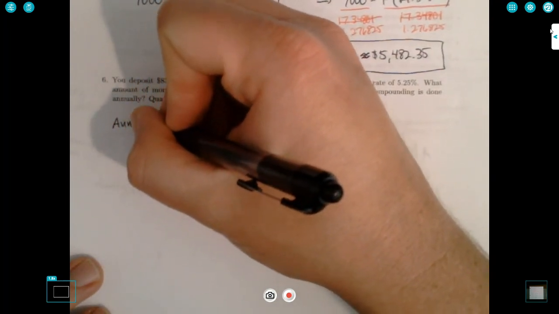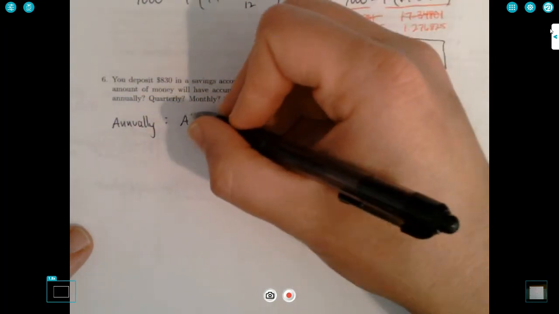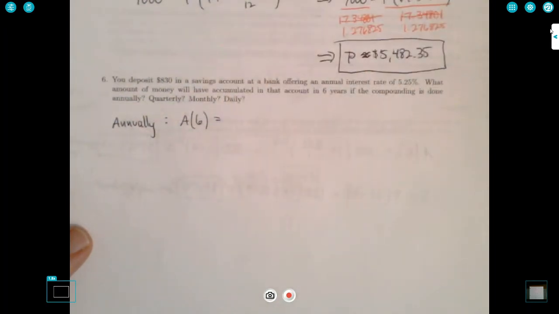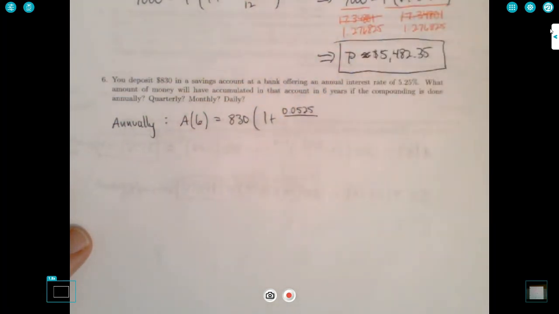So let's see. If it's compounded annually, then the amount in the account after 6 years is the principal, 830, times 1 plus the interest rate, 0.0525, divided by the number of times the interest is compounded.